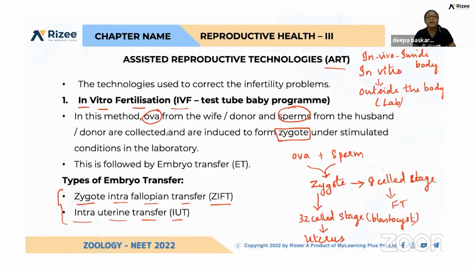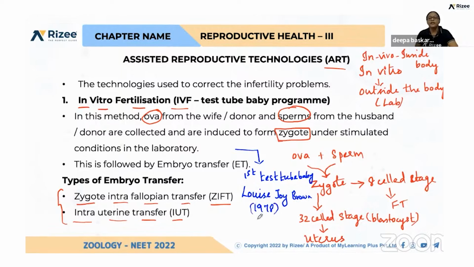The first test tube baby formed by the IVF technology is Louise Joy Brown, in the year 1978, and this work was done by Dr. Edward and Patrick.